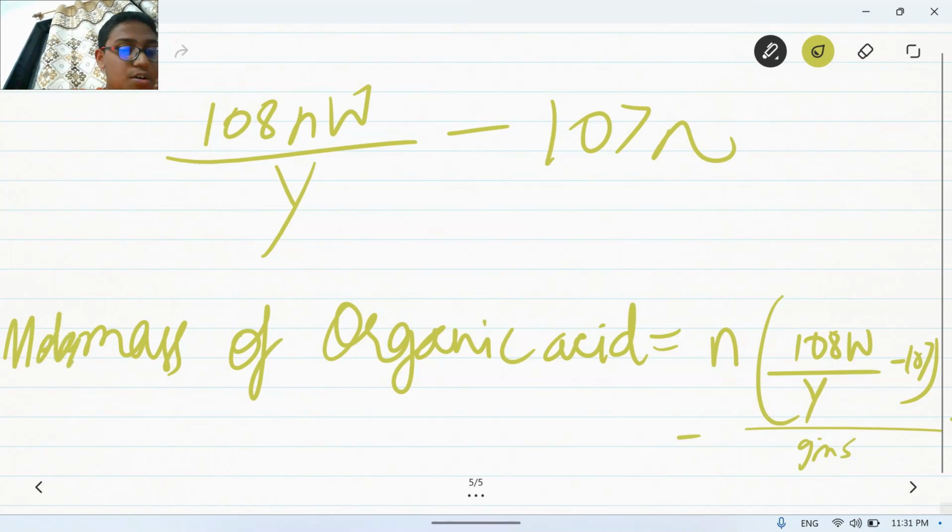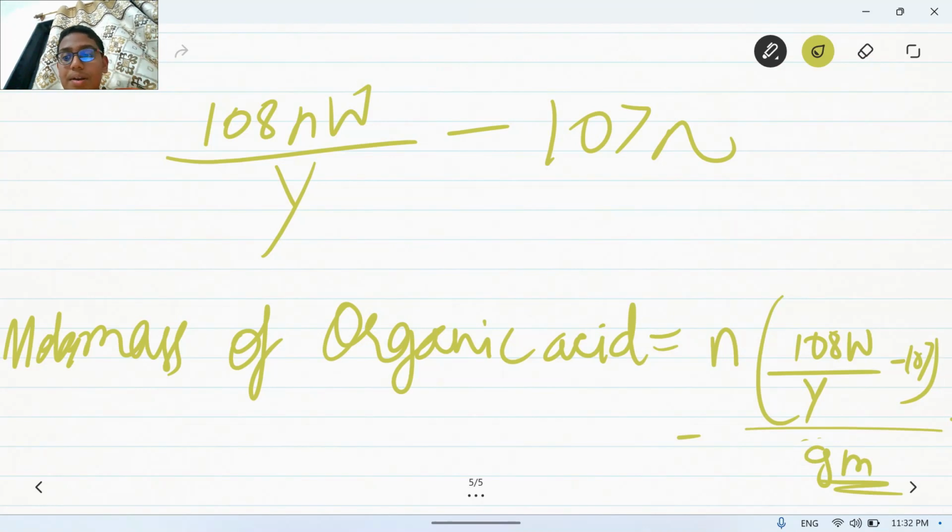This will be the molar mass of that organic acid. Okay, so this is the way calculations work. And it's confirmed that it will be in grams only, because we have taken everything in moles, so it will come in grams only.